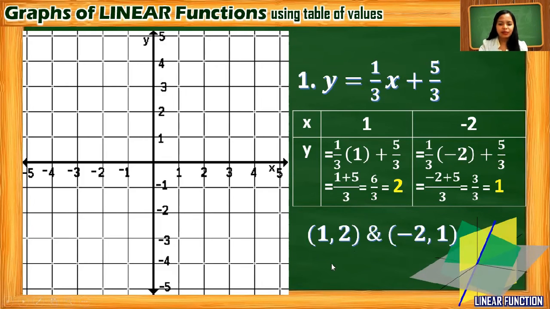Now, let's plot these points in the Cartesian coordinate plane. We have (1, 2). Here, the value of our x is 1 and the value of our y is 2. So this will be our first point. And another point is where the value of our x is negative 2 and the value of our y is 1. So this will be the second point.